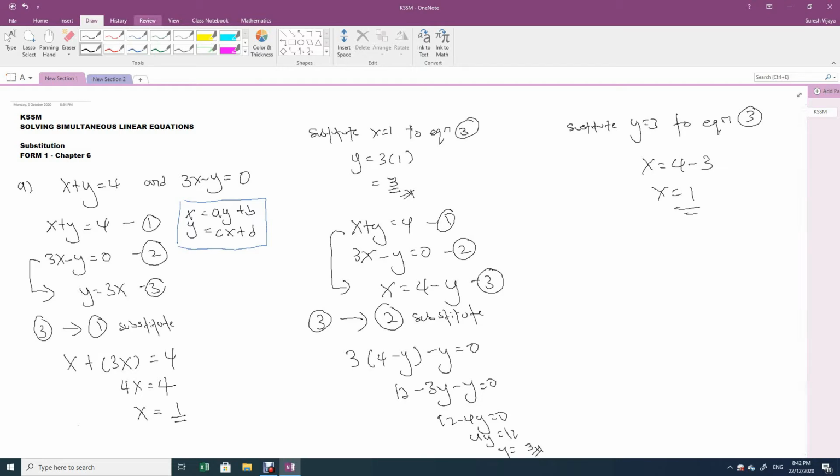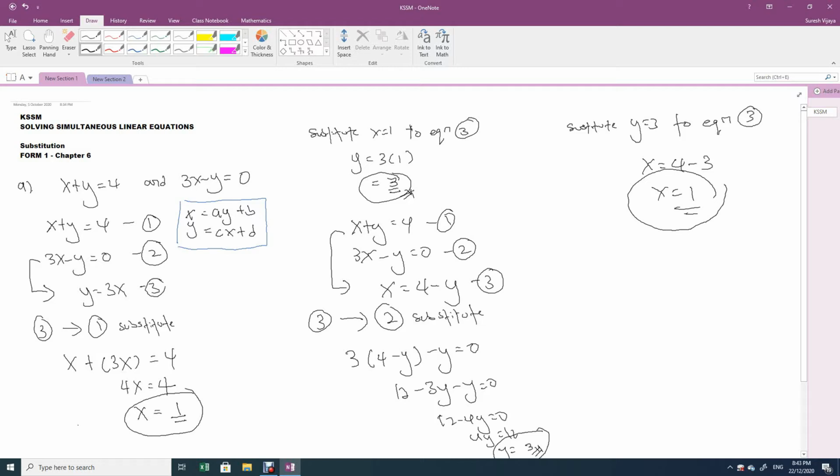As you can see, both ways provide you a similar answer. x equals to 1, y equals to 3.